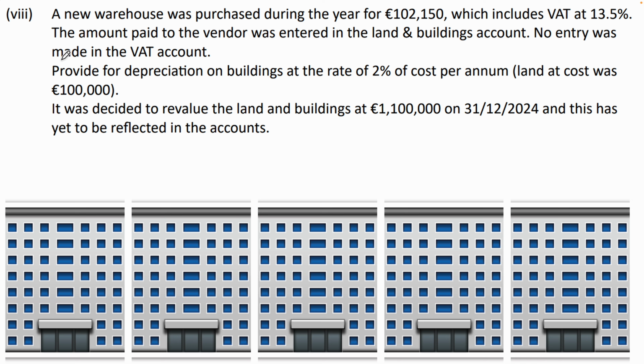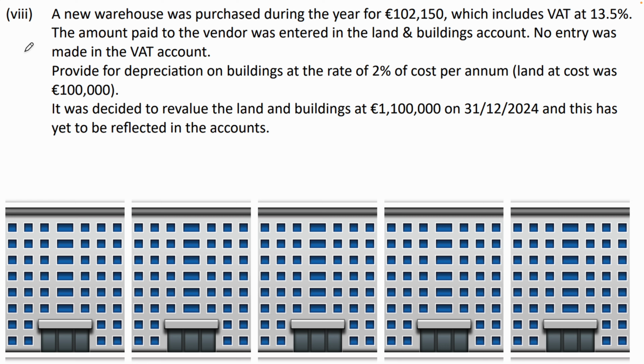Okay, now note 8. So this was a challenging buildings adjustment. It says a new warehouse was purchased during the year for €102,150, which includes VAT at 13.5%. The amount paid to the vendor was entered in the land and buildings account.